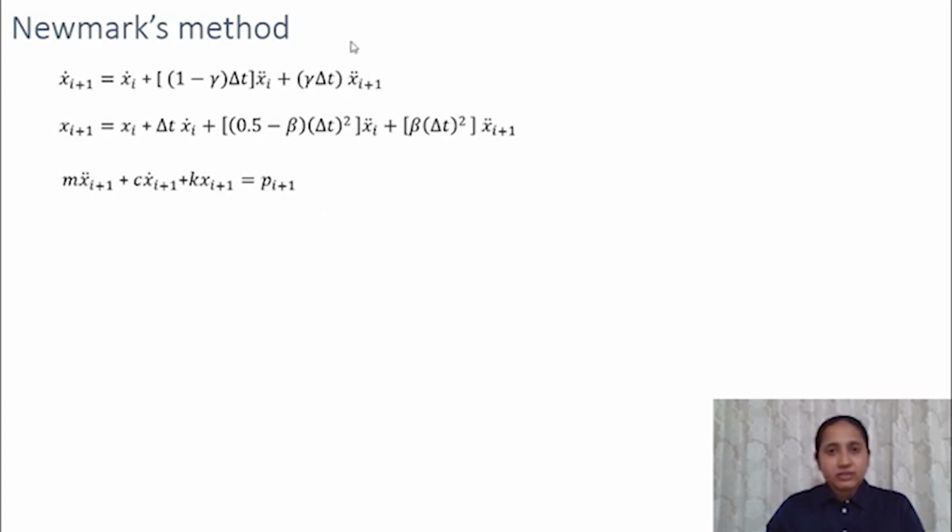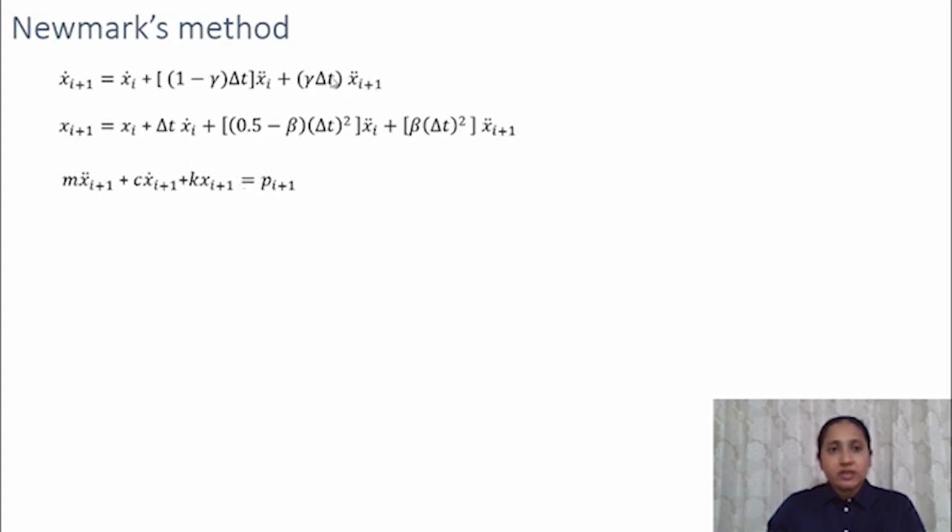So this equation of motion can be used to find the value of acceleration at i plus 1. If we look at these equations, we can see that the expressions for velocity and displacement at i plus 1 depend on the value of the acceleration at i plus 1. And this acceleration at i plus 1 also depends on the value of displacement and velocity at i plus 1.